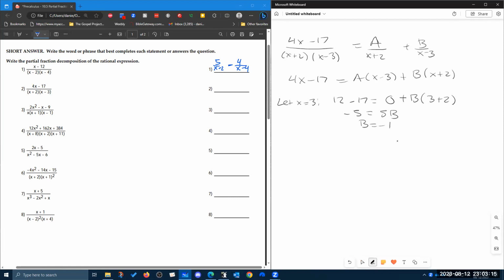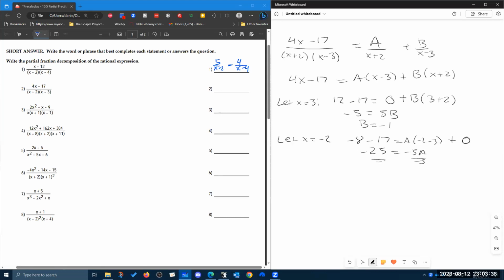If I want to zero out this part over here with the b, I'm going to let x equal negative 2, and that's negative 8 minus 17 equals a times negative 2 minus 3 plus 0. That's negative 25 equals negative 5a.